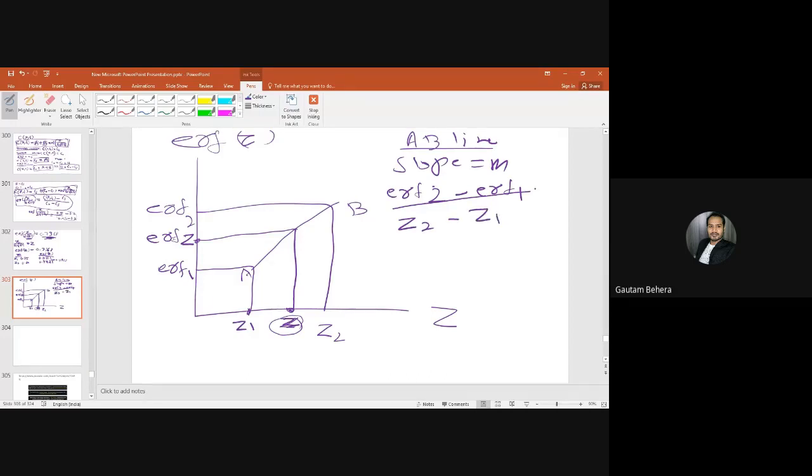So this will be your m. Error function ERF2 minus ERF1 divided by Z2 minus Z1 will give you the slope of this line. Is it okay?